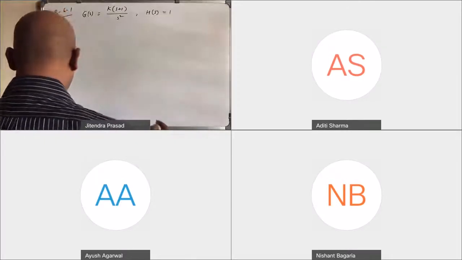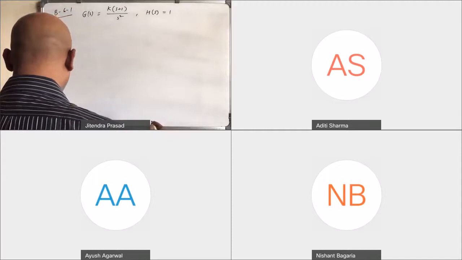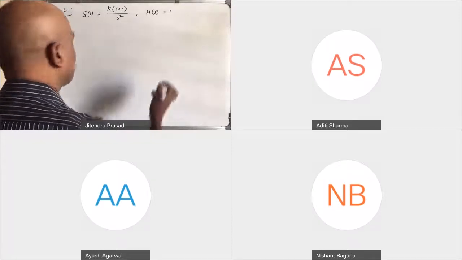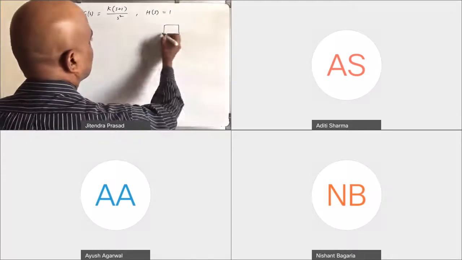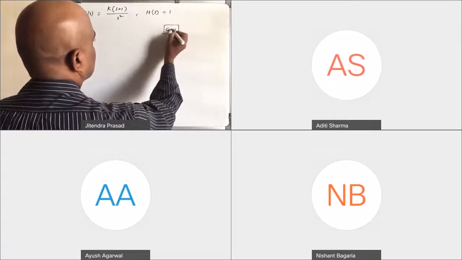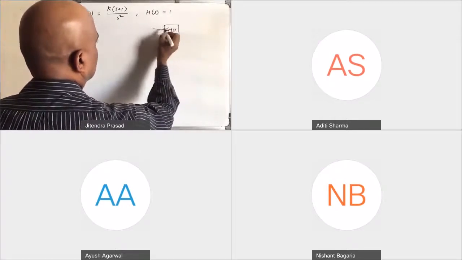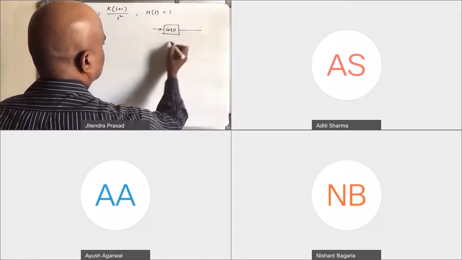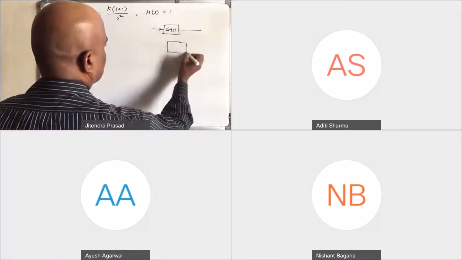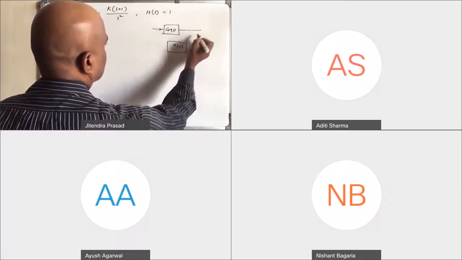Okay, so a control system with this. This is known, it will be something like this. So G(s) is the feed forward transfer function, and then H(s) is like this one, right?